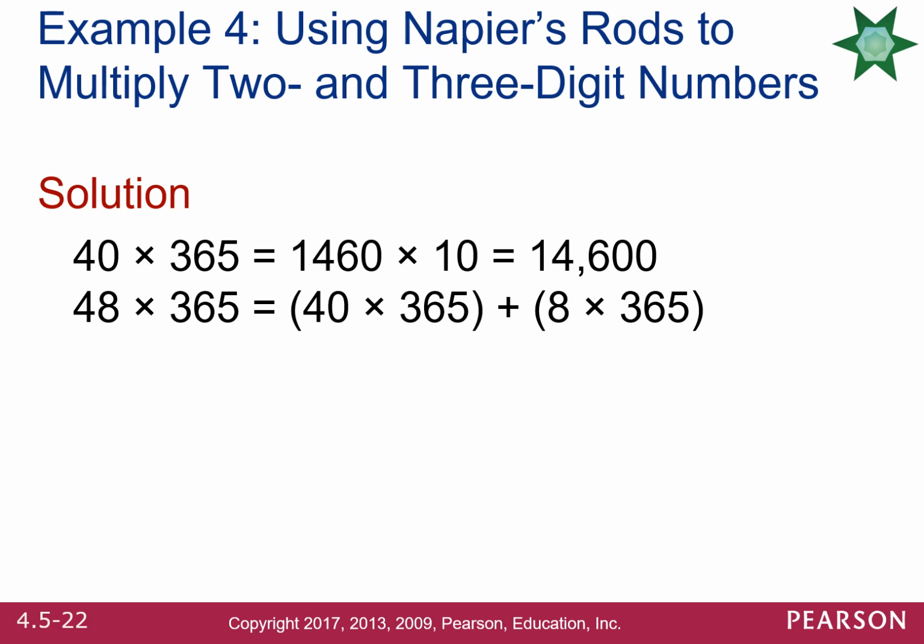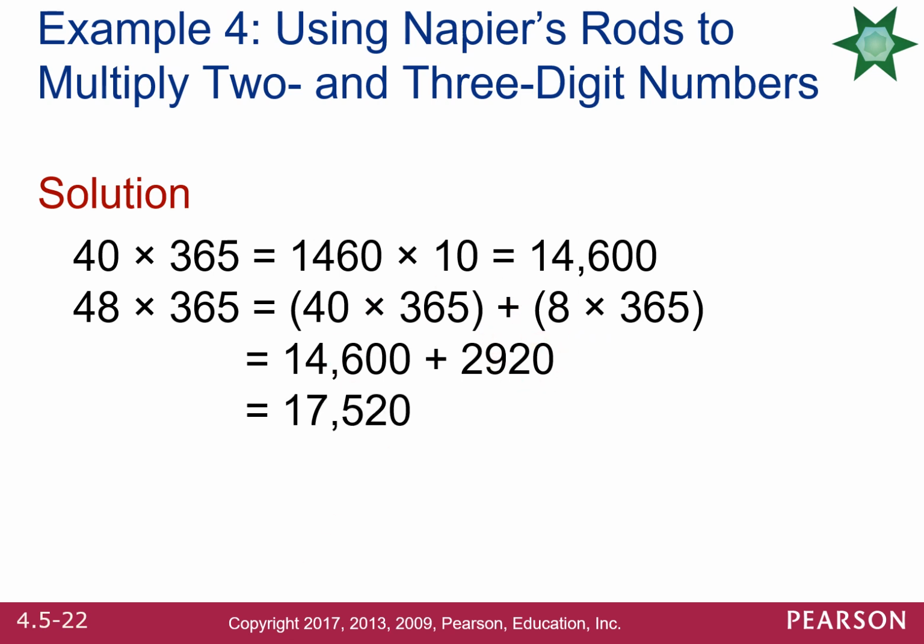So when they complete the multiplication, we get 14,600 for 40 times 365 and 2,920 for 8 times 365. And now that we got both the results, we just add the two up for a final answer of 17,520. That's how we perform different multiplications using the Napier's rod system.